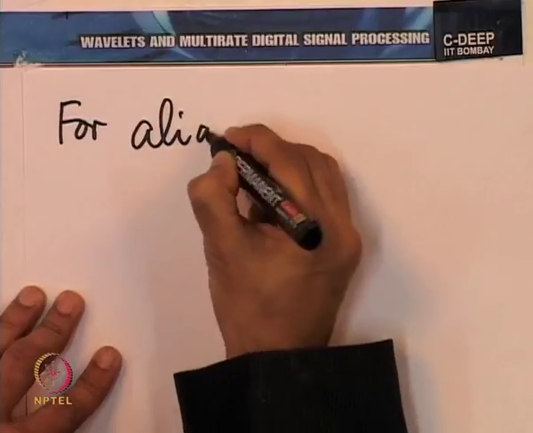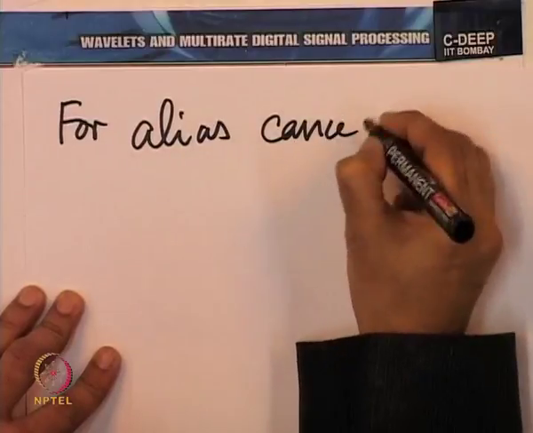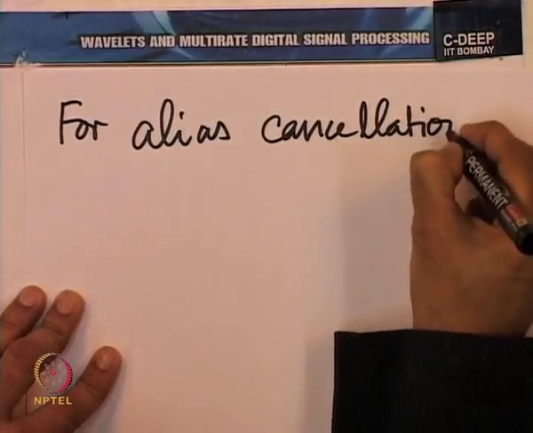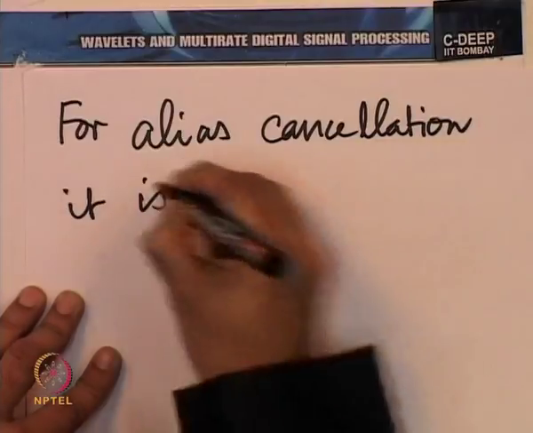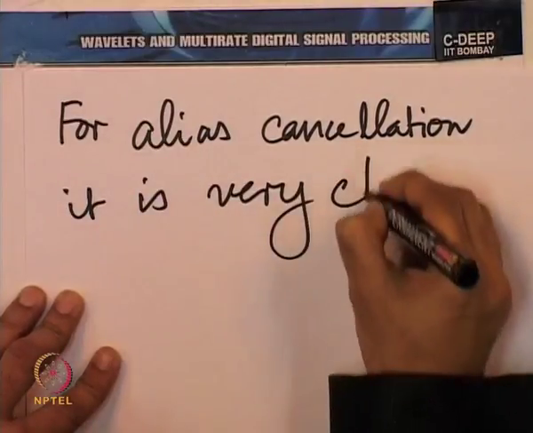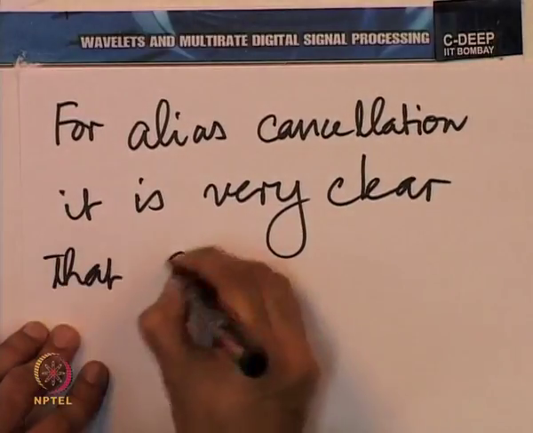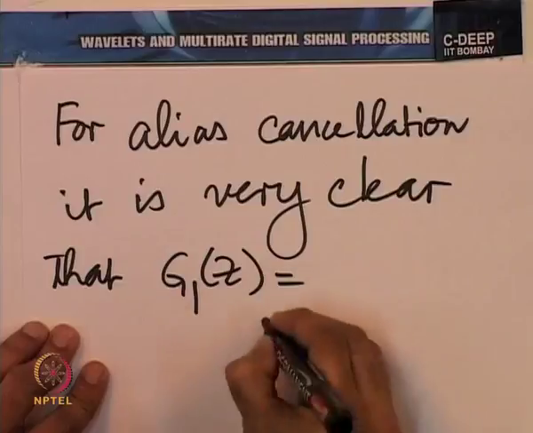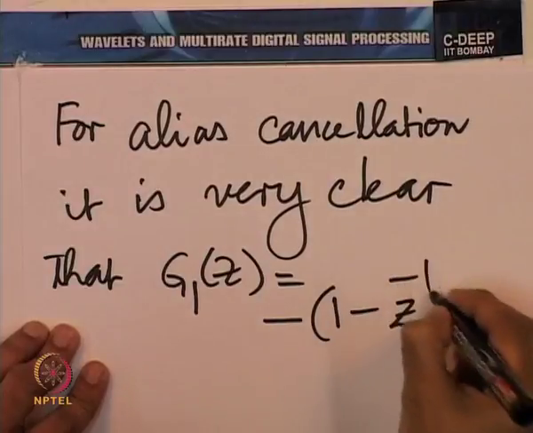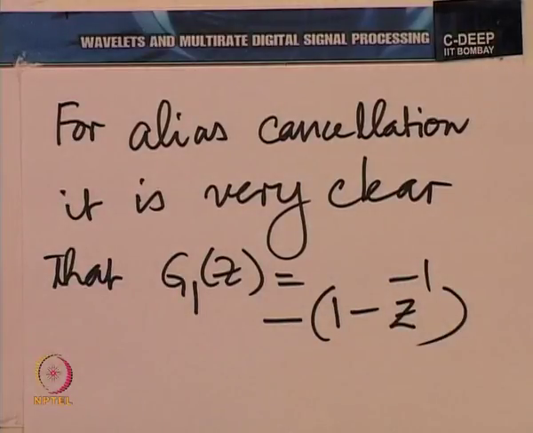So, for aliasing cancellation, it is very clear that G 1 z must be equal to minus 1 minus z inverse and not plus. So, therefore, now let us freeze our G 0, G 1, H 0 and H 1 for the hard case.